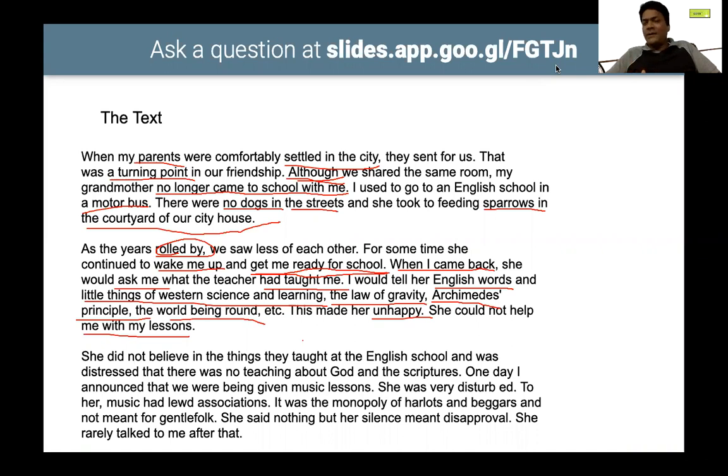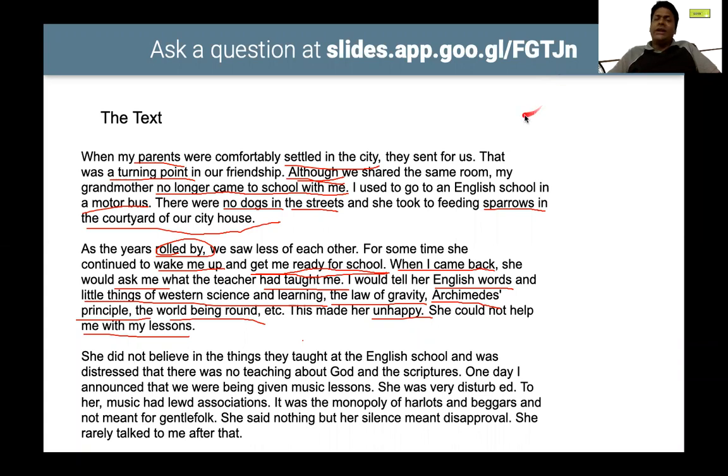So the kind of things that have been taught at the English school were actually making the writer's grandmother distressed, full of worry. So she believed that there was no teaching about God and God's related theory, or scriptures or God's written books, Ramayana or Mahabharata.